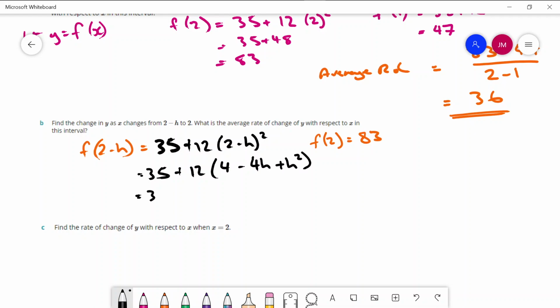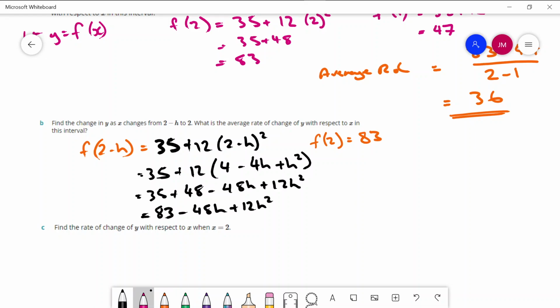So we end up getting 35 plus 48 minus 48h plus 12h squared. And that would give us 83, the first part, minus 48h plus 12h squared.